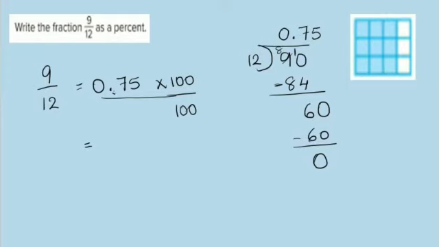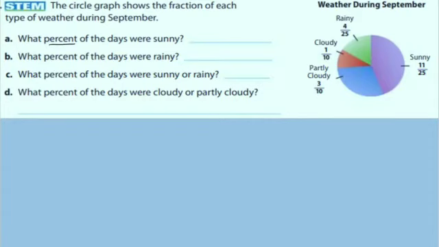There are 2 zeros in 100, which means you shift the decimal point 2 places to the right. So it's going to be 75 divided by 100. When you have 100 as a denominator, we can just write that 100 as a percentage sign. So it's going to be 75%. So 9 over 12 can be written as 75%.